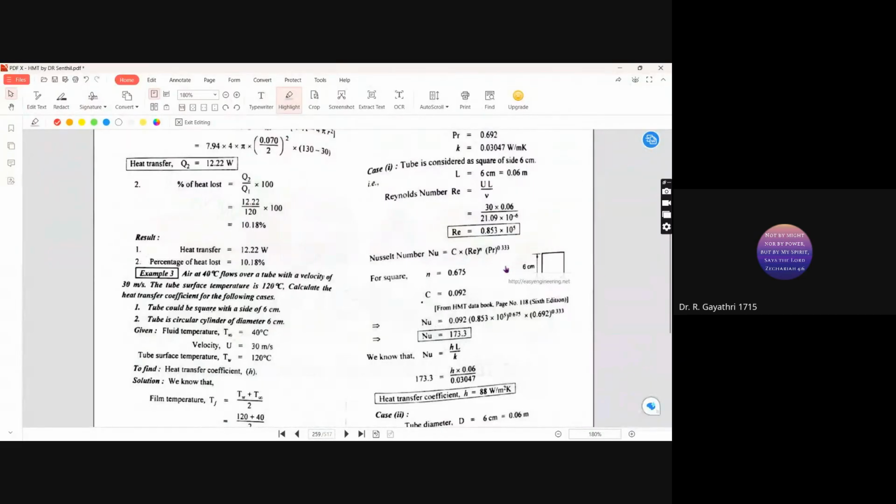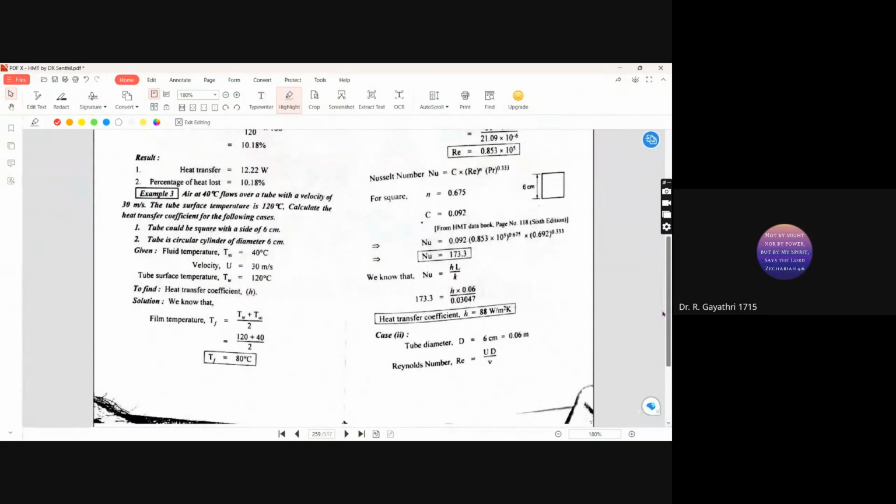For this, the C and n values can be fixed by assuming the tube as square. So we can find the Nusselt number. We know the general equation hL by k, so we can find the heat transfer coefficient h. The next is the tube of diameter 6 centimeter.